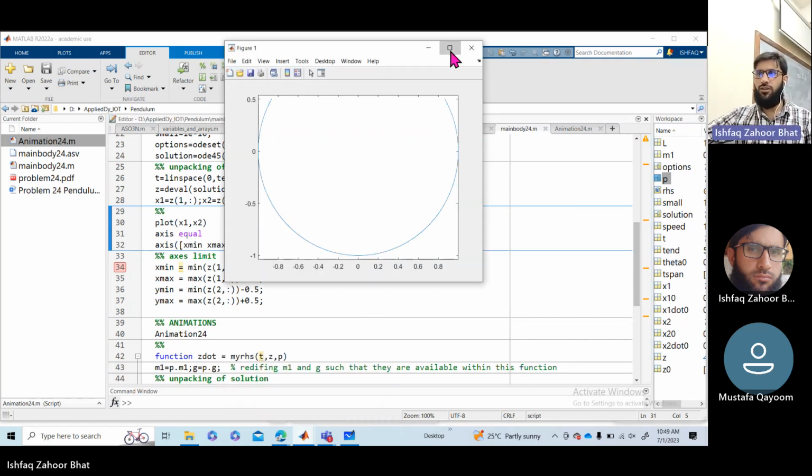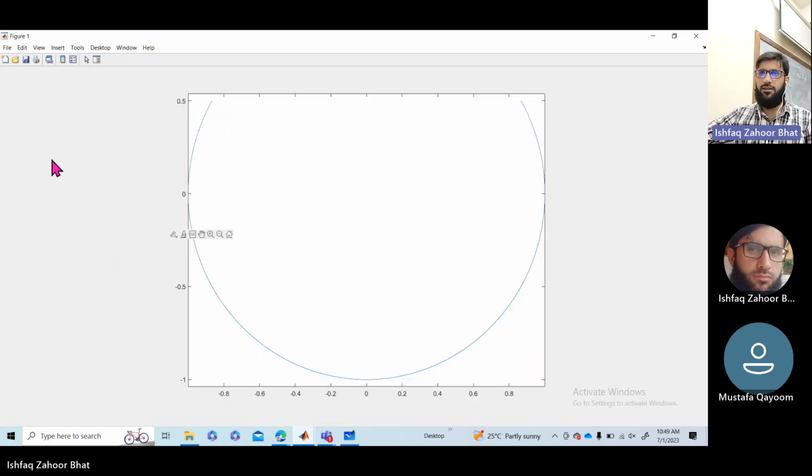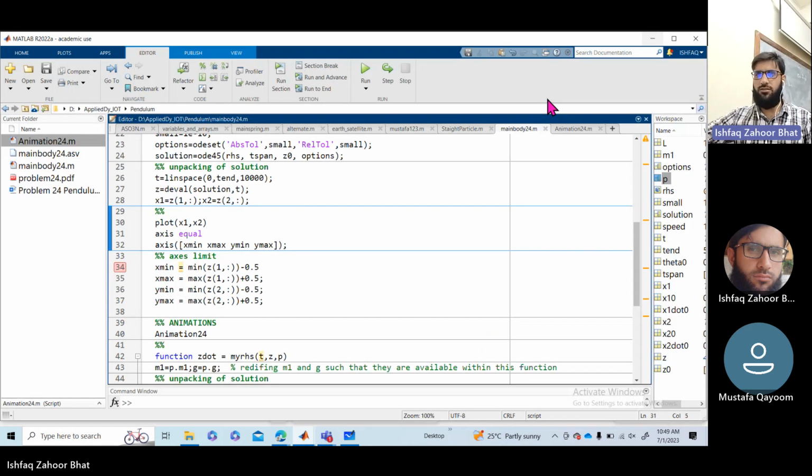So now you can see it has come out circular, isn't it? Basically somewhere here this pendulum is hanging. So we also have to plot the wire from which the pendulum was hanging. But it is okay. We will animate it and then it will become obvious.